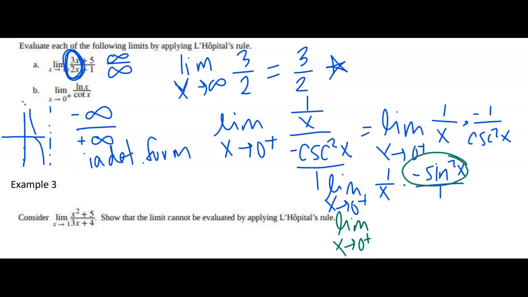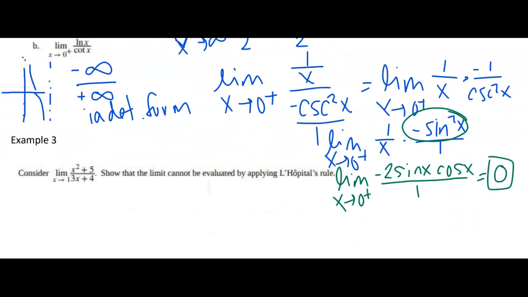All right, let's take the derivative here. I got to do some chain rule. So negative 2 sine x, and then times the derivative of the inside, so times cosine x, and then the derivative of the bottom would be 1. All right, now when I plug in 0, I get 0 over 1, which gives me 0.